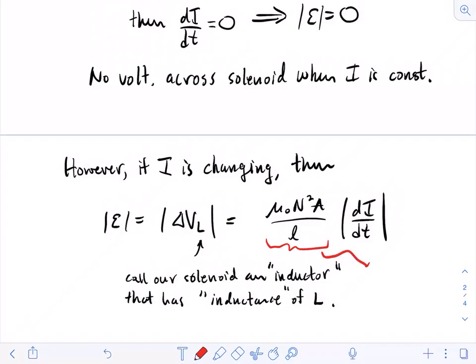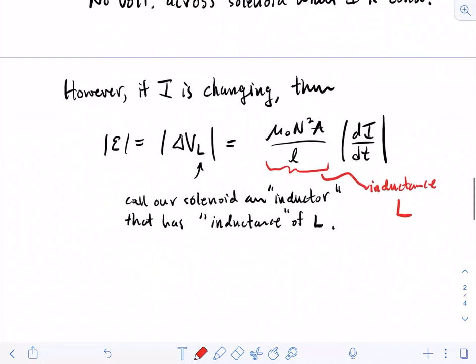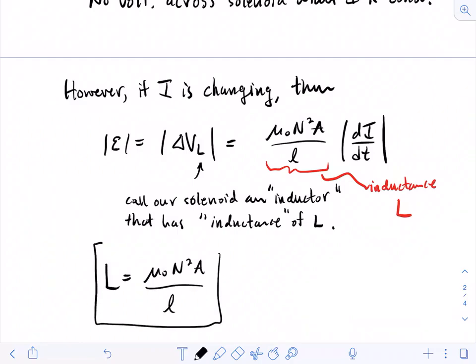So this is the inductance L. So L of a solenoid is determined by the number of turns or windings of wire squared times its cross-sectional area divided by the length.